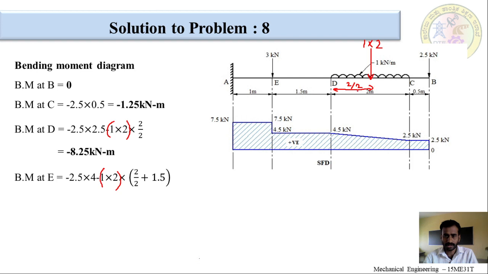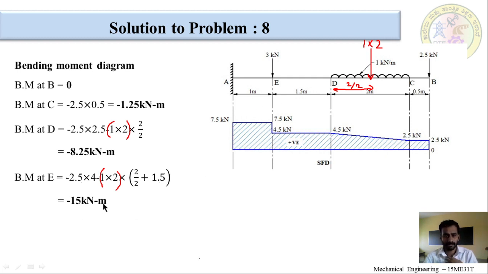So, this load into distance is 1.5 plus 2 by 2. Okay. So, this is the value of bending moment. After solving this equation, you will get the bending moment at E, which is equal to minus 15 kilonewton meter.